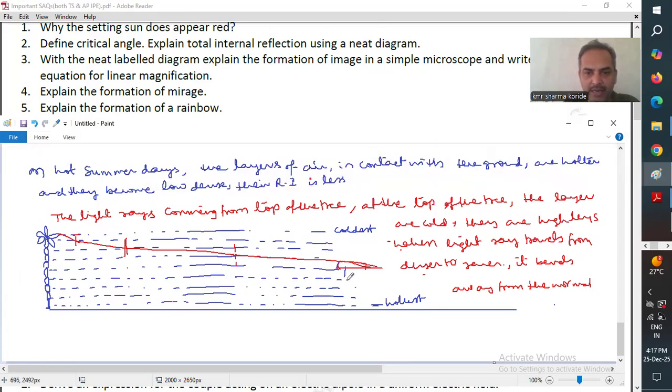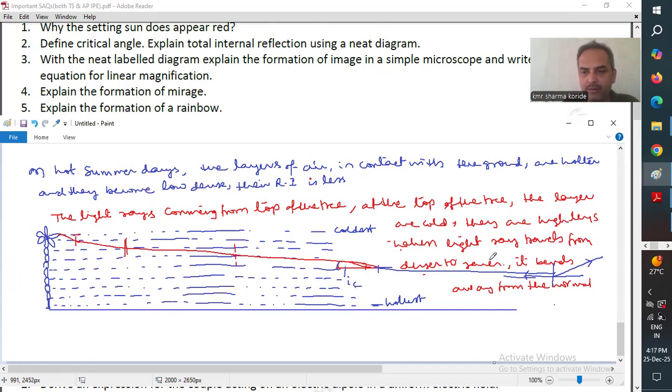Suppose this light goes further. There is a chance for this light ray that the angle of incidence may be greater than the critical angle. When the angle of incidence is greater than the critical angle, TIR may take place.